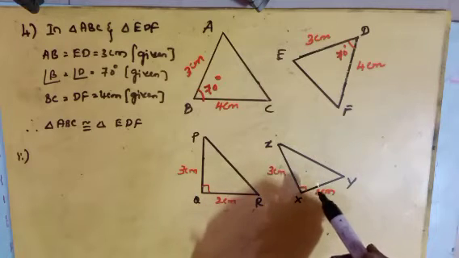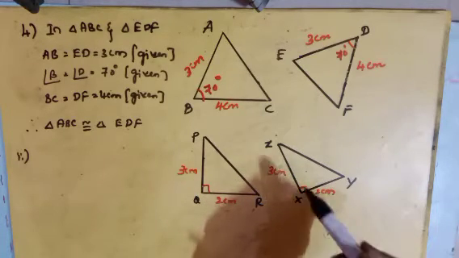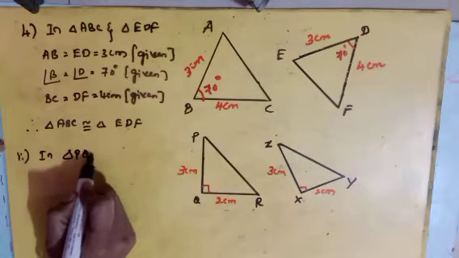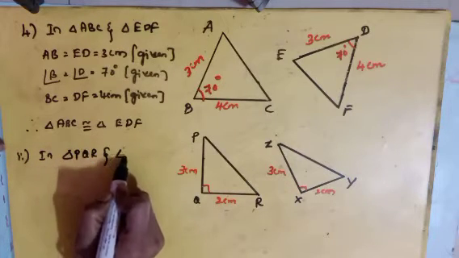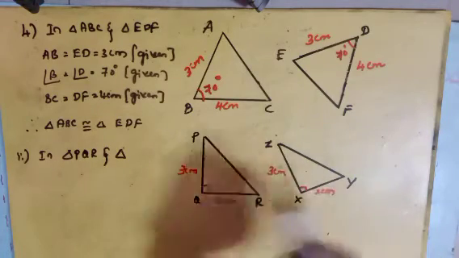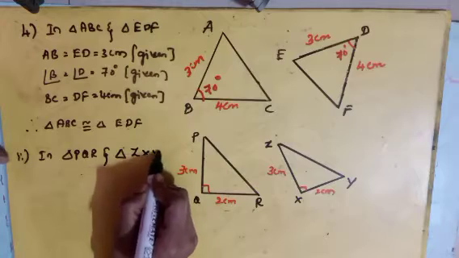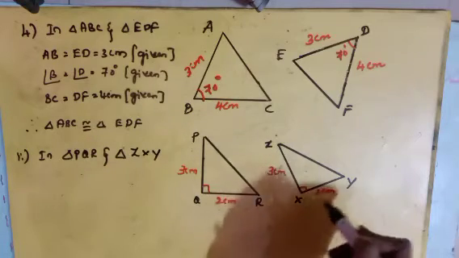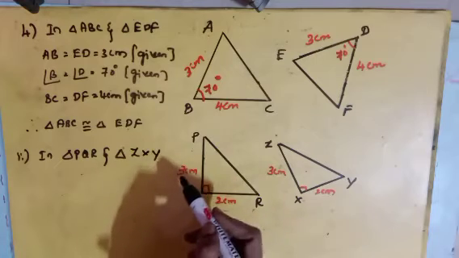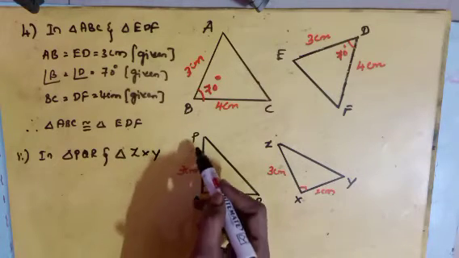Next, second one. We have here the second figure also. Two triangles are given. They are right angle triangles. In triangle PQR and another triangle ZXY, we have to write the pairs of sides.